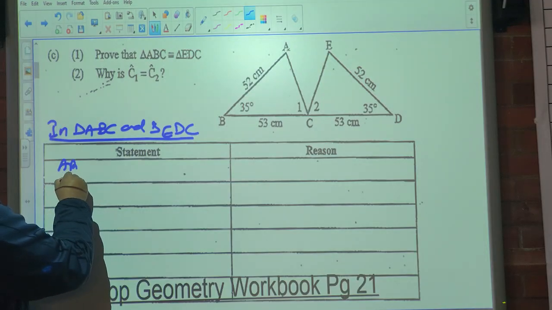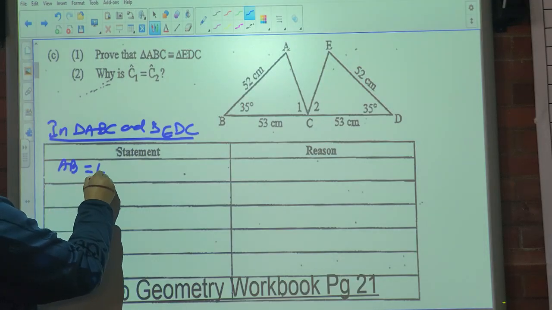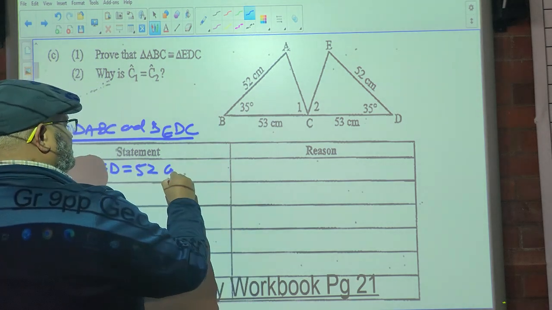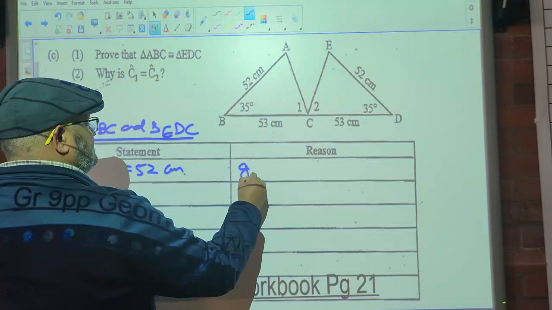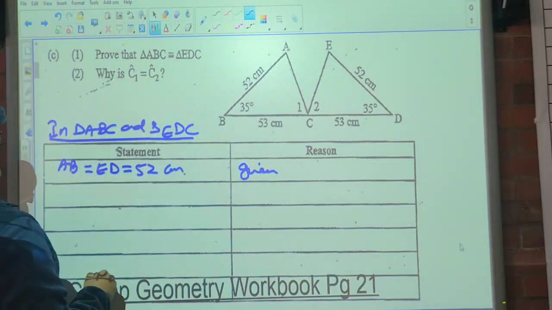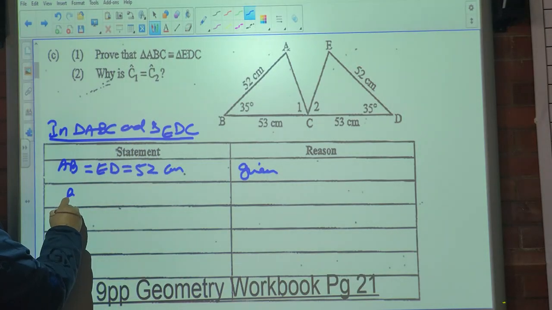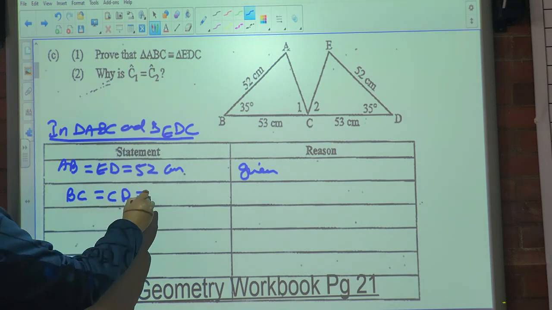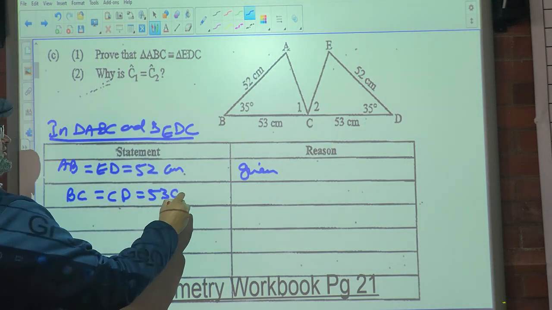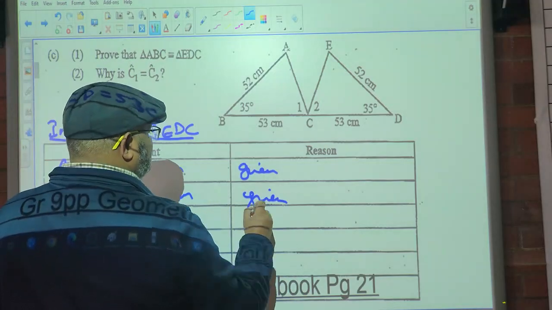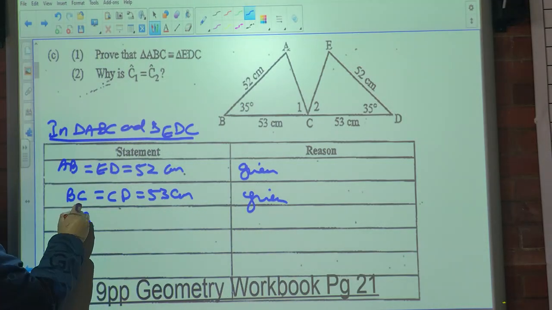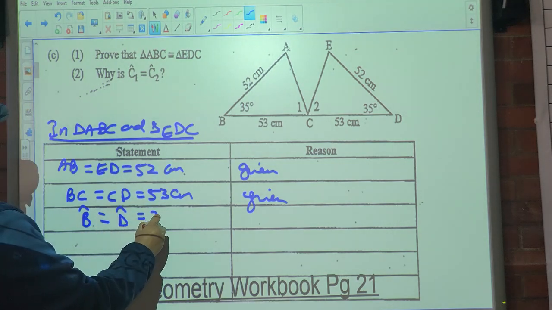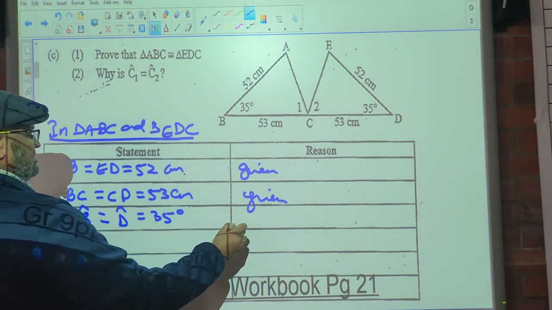AB is equal to ED. Why? It's given. Then BC is equal to CD, which is equal to 53. Why? Given. Then angle B is equal to angle D, which is equal to 35 degrees. Why?